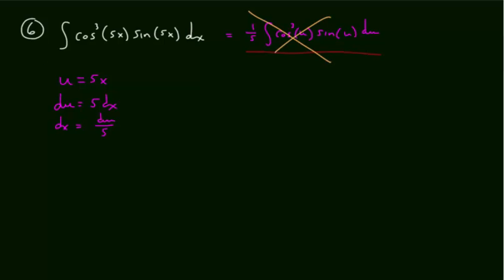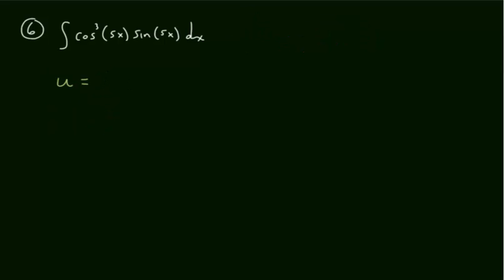So that won't work. Let's try something else that won't work. Let's try u equals the sine of 5x. Again, this one won't work either, but I'd like you to see it. So du would be 5 times the cosine of 5x dx, and then dx is du over 5 cosine 5x.